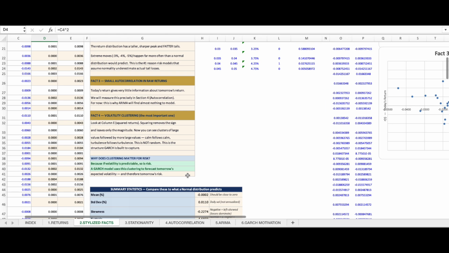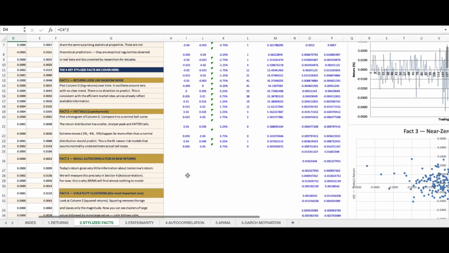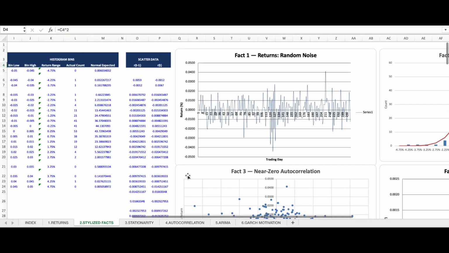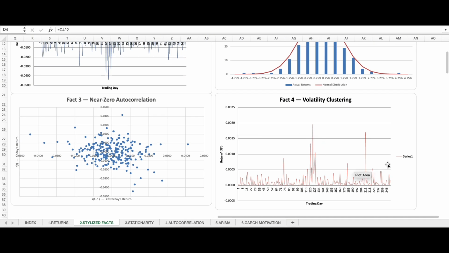So whenever you are studying time series modeling, you must have heard of this phrase that volatility is not constant or volatility clustering. This is exactly what it means, and I'm showing you this in Excel from a raw time series data, so that you actually understand how the data looks and why this is a problem when you are creating a time series model.